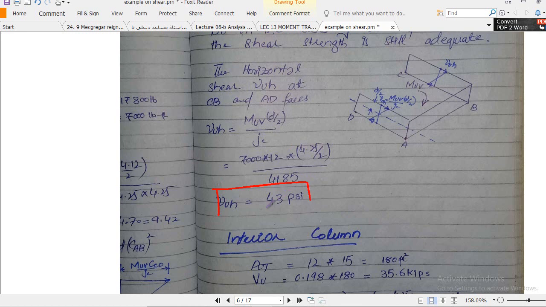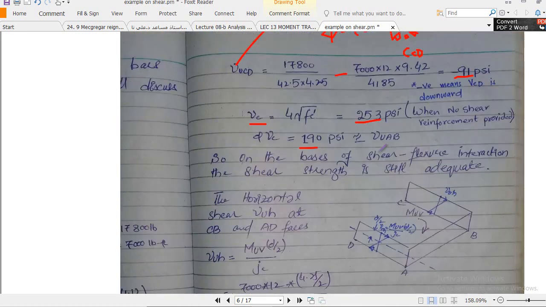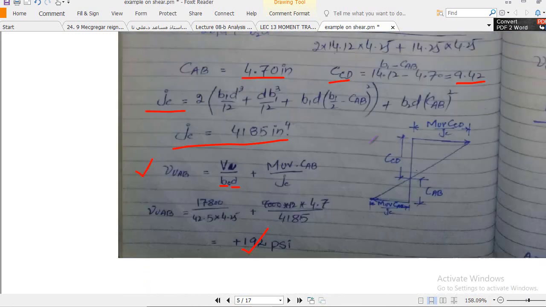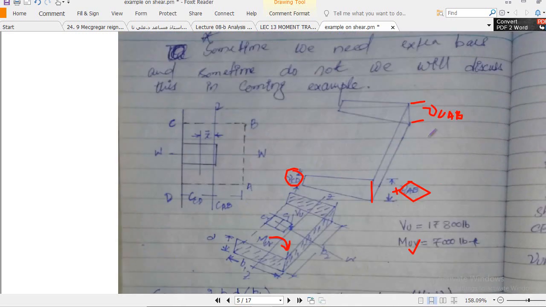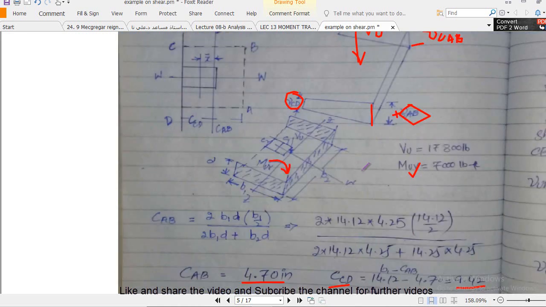One more thing you must remember: if you sum up VUAB and VUCD, these shear stresses, the sum must equal your downward shear, which is VU, right?